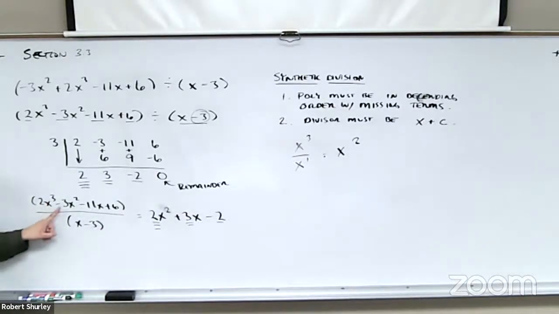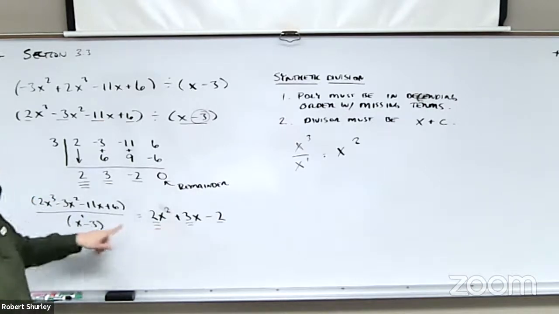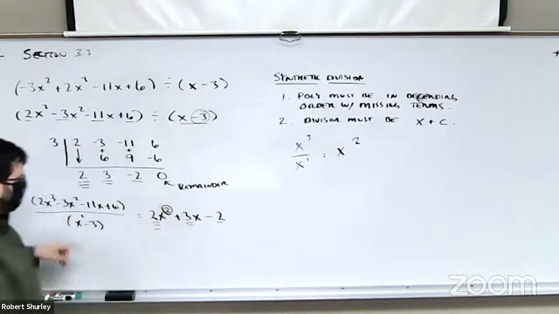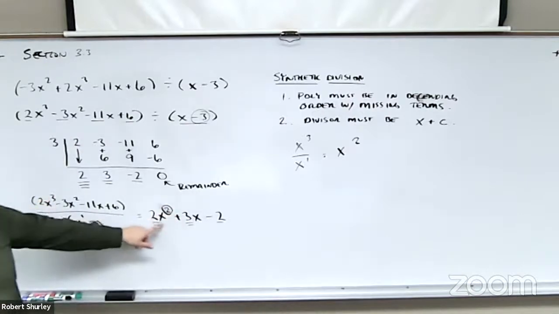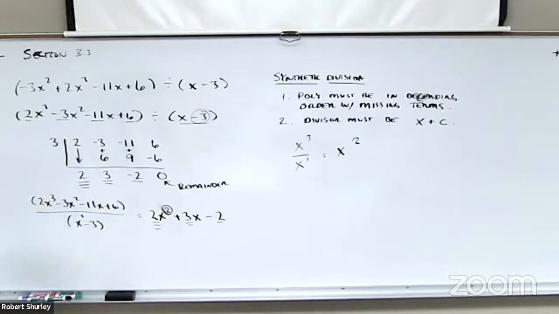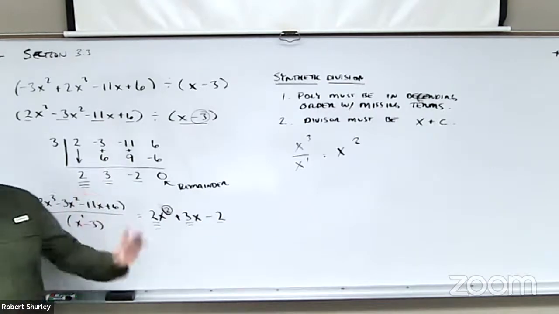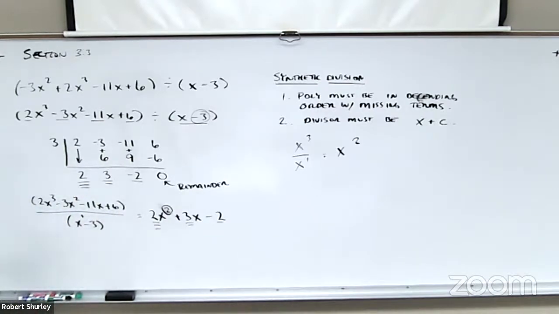Look, the degree of this top polynomial is 3. The degree of the bottom polynomial that we're dividing off is 1. This will always create, when you divide, a polynomial with a squared because you're subtracting 3 and 1. So it's going to give you a second degree polynomial. You don't have to know that, but it's kind of interesting.